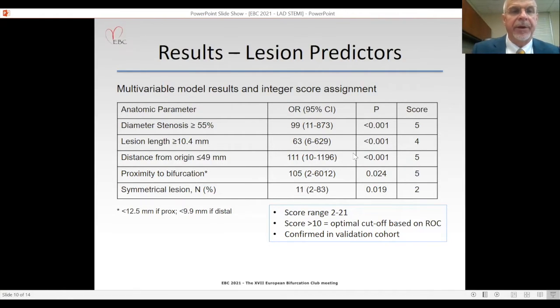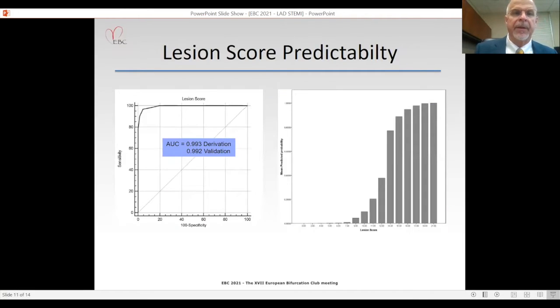The most significant predictors were diameter stenosis of at least 55%, distance from the LAD origin less than 50 millimeters, and proximity to a bifurcation. We found that a score greater than 10 was the optimal cutoff based on ROC curve analysis, and the results were confirmed in a validation cohort.